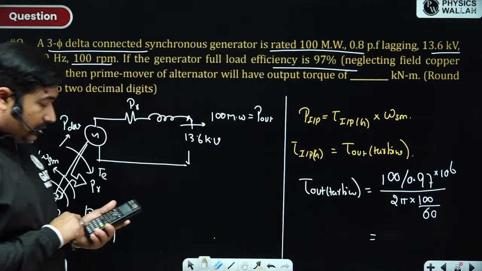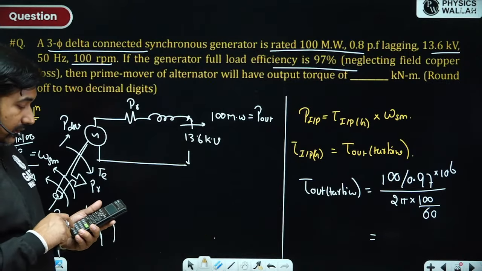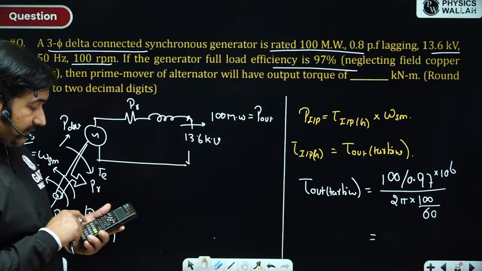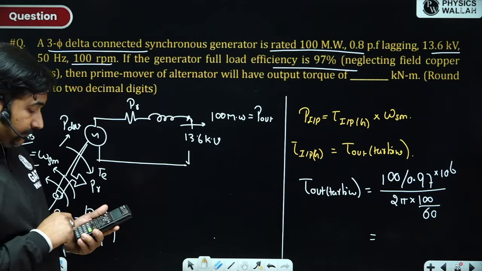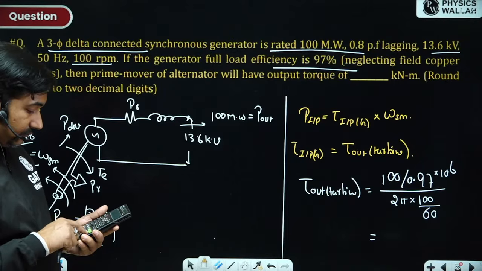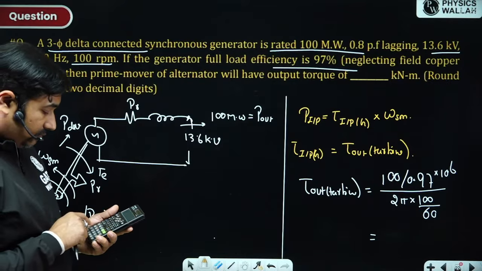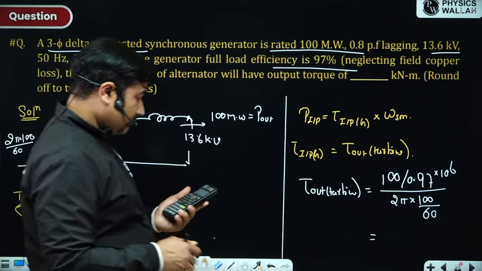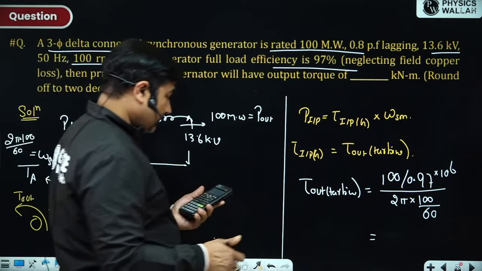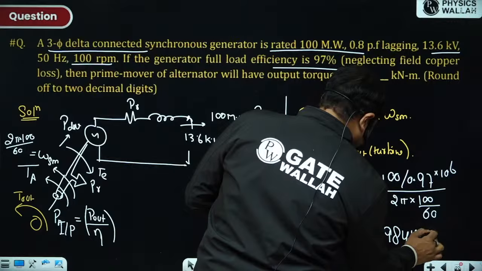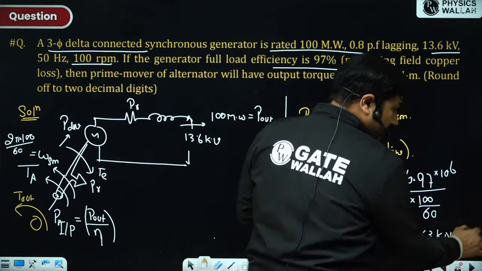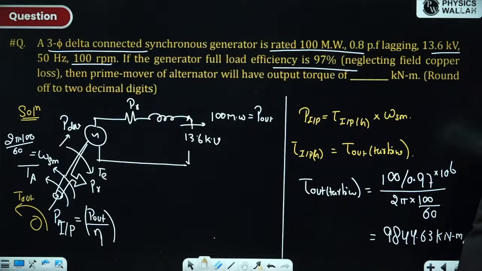So 100,000 by 0.97 gives 9,844.63 kilonewton meter. How many of you are getting this answer? Great, very good.